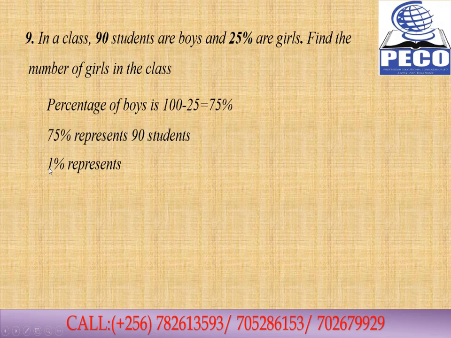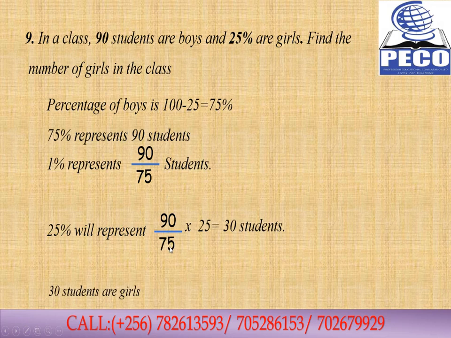Now how about 1%? 1% is 90 out of 75 students. But I want the number of girls, and the number of girls is represented by 25%. So if 1% represents this, then 25% will represent 25 times 90 out of 75. It's like saying one class has 40 students, how about 3 classes?